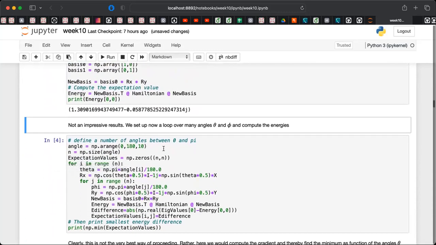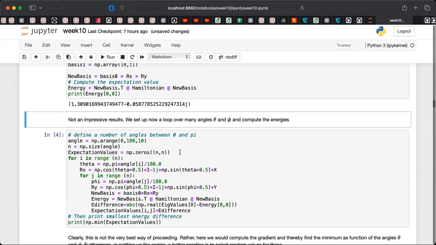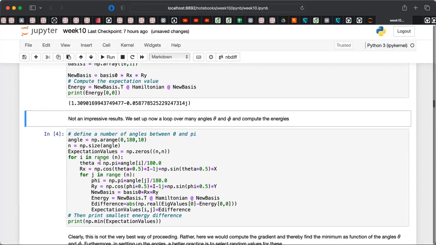Now, what you could do next, and this is actually what you end up doing, is to set up a series of angles. In principle, you could set up random values for these angles. So I'm going to set up an array which contains angles from 0 to pi in steps of 10. And now I compute these variables theta and phi, and I perform my rotations.